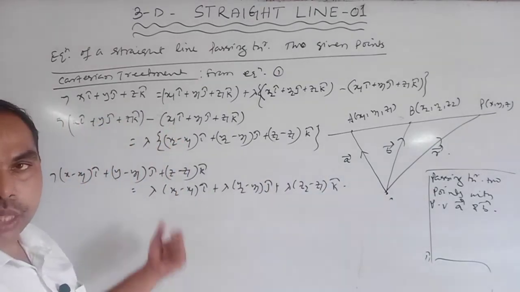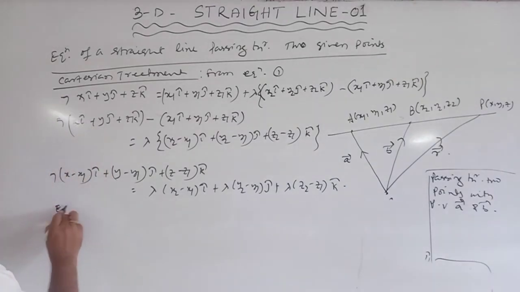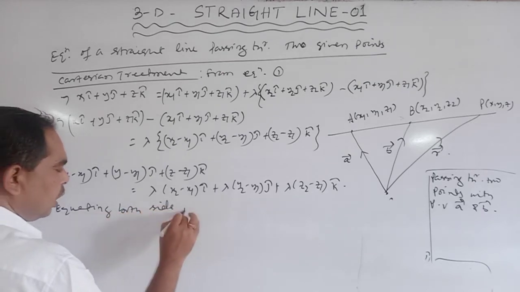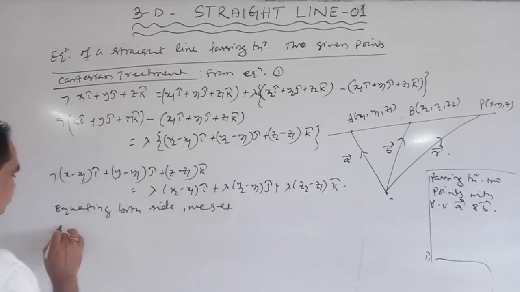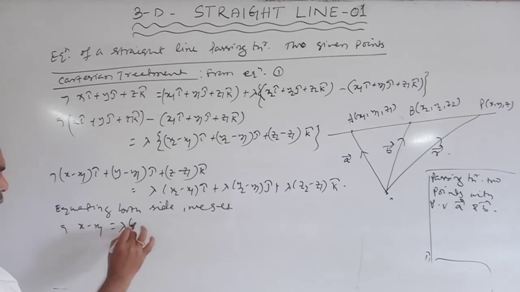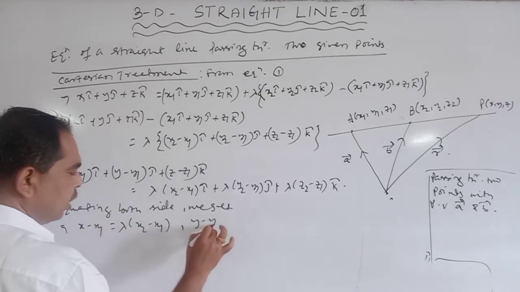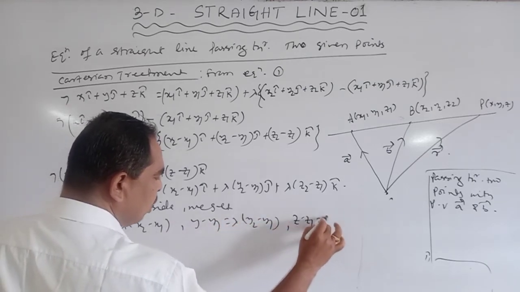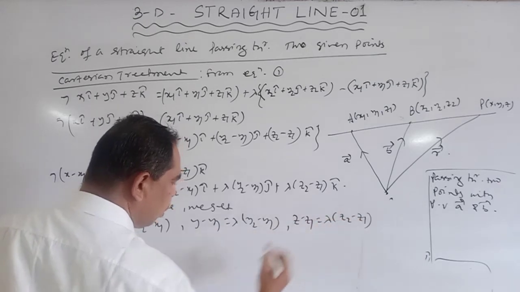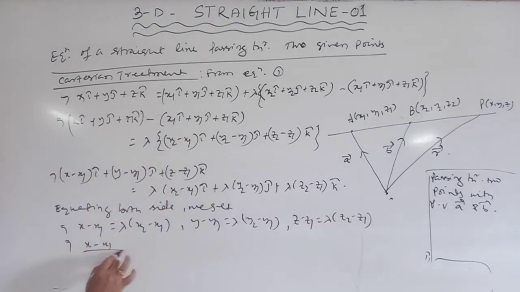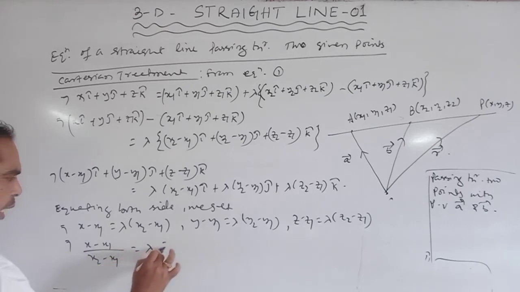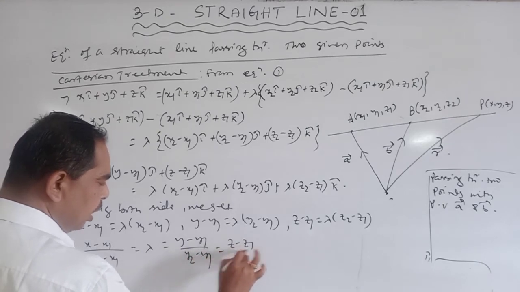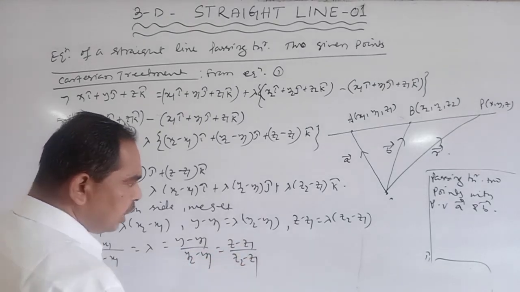Equating both sides we get x minus x1 is equal to lambda times x2 minus x1, y minus y1 is equal to lambda times y2 minus y1, and z minus z1 is equal to lambda times z2 minus z1. So this implies x minus x1 divided by x2 minus x1, which is lambda, is equal to y minus y1 divided by y2 minus y1, is equal to z minus z1 divided by z2 minus z1.